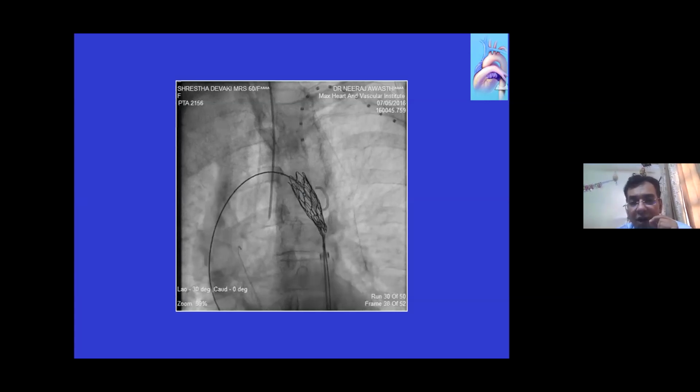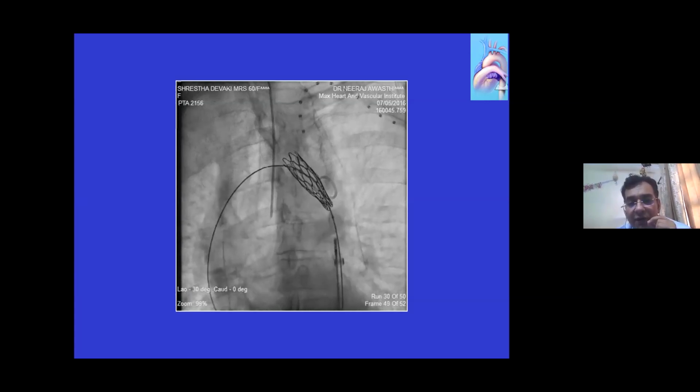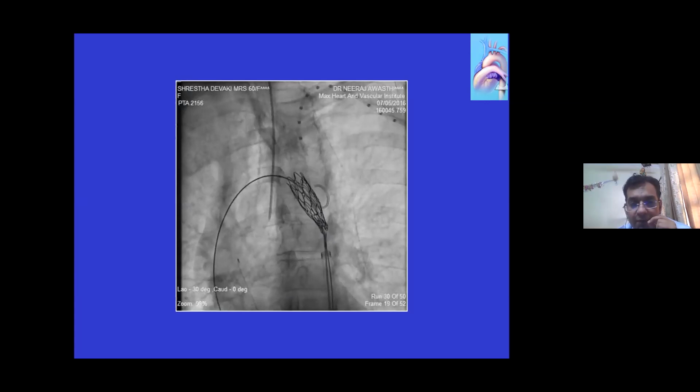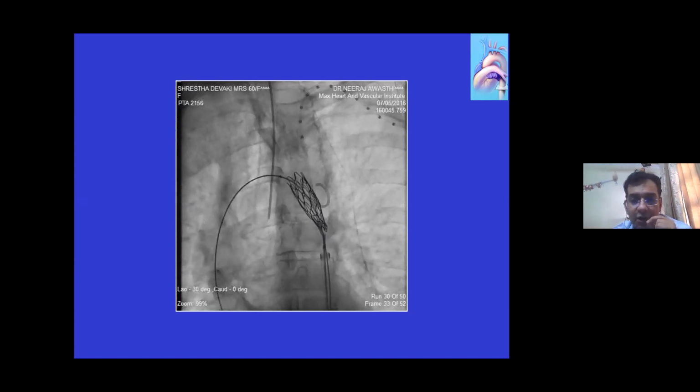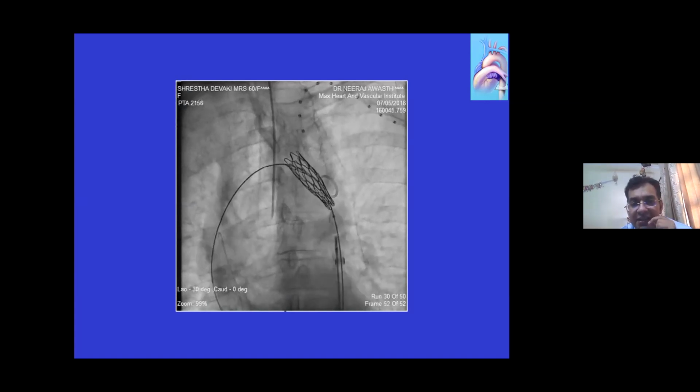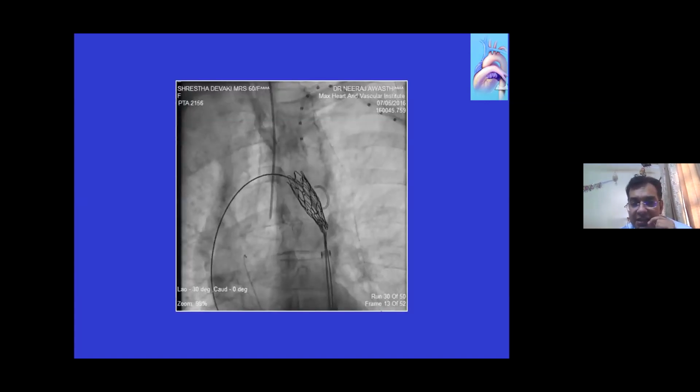So we thought that we would go with a bioptome. There you see a bioptome which has been introduced. This is a 5 French bioptome, 140 centimeter, introduced through the proximal 14 French sheath. How this bioptome has helped is that it transiently stabilized the stent.